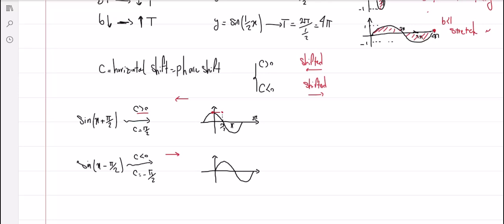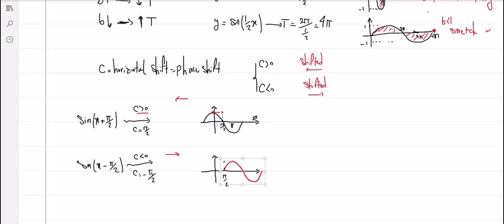And also, if you want to move this function by pi over 2 to the right, we can just move this function to the right.